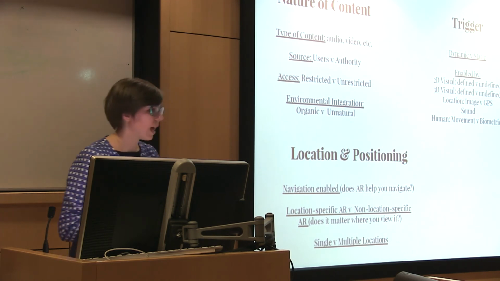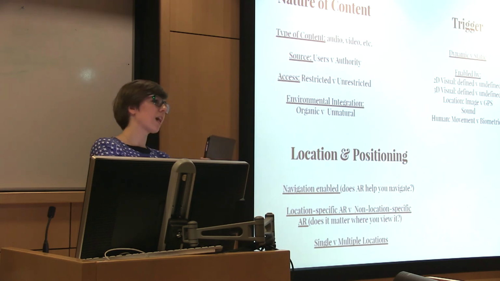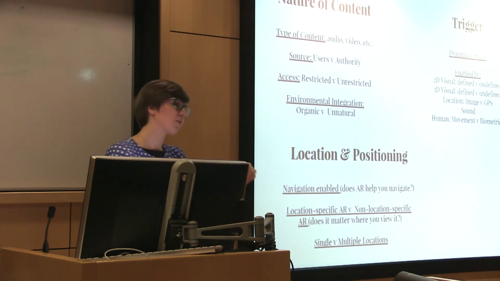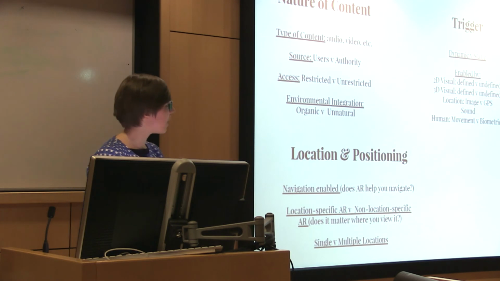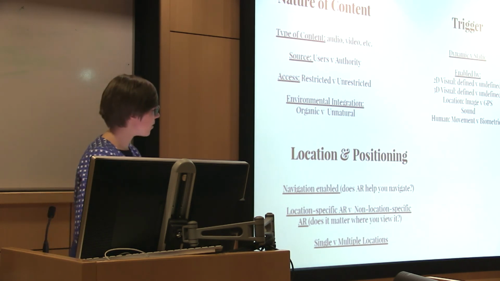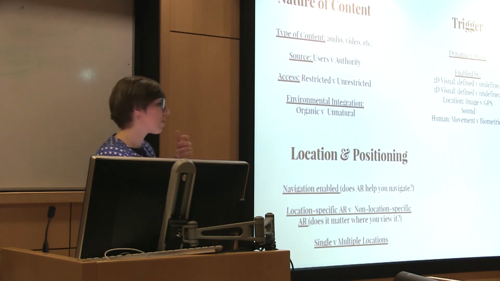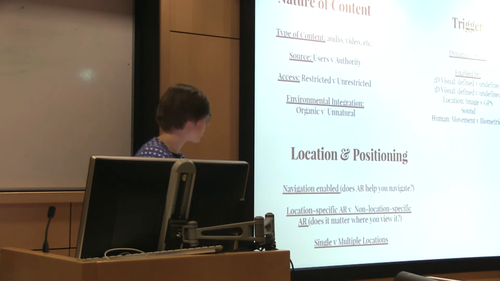Is the trigger flat? Is it not? Is it a real object? Do I just scan the room and then something plays, or does it have to be a predetermined model by a developer? Can the locations spark the experience? What about GPS, sound, and the most advanced, human movement and biometric information?